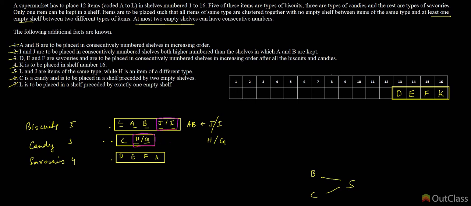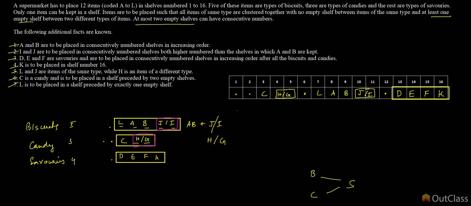There has to be exactly one empty shelf here. We can have L, A, B, J bar I with one empty before and 2 empties before C and H bar G. This is one possibility.